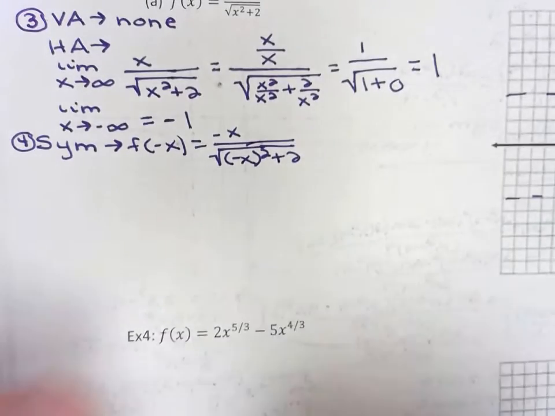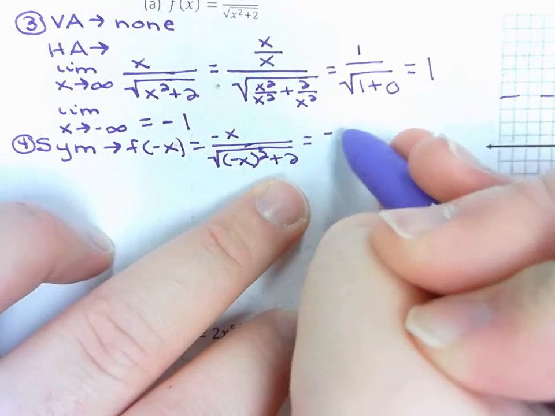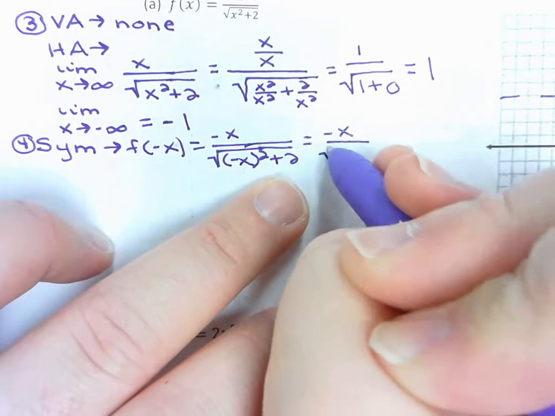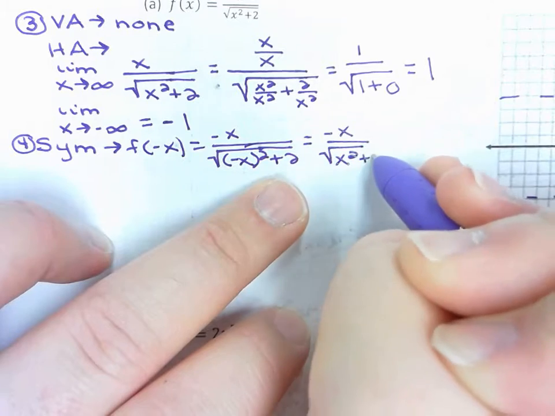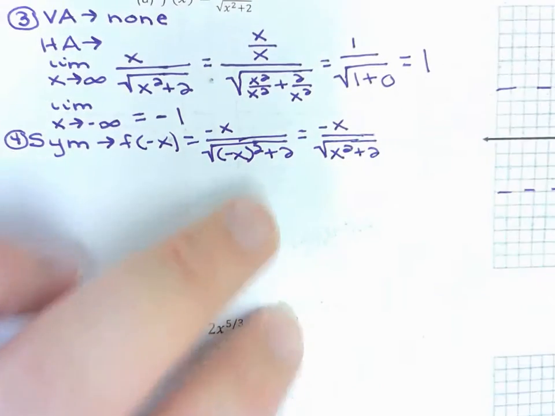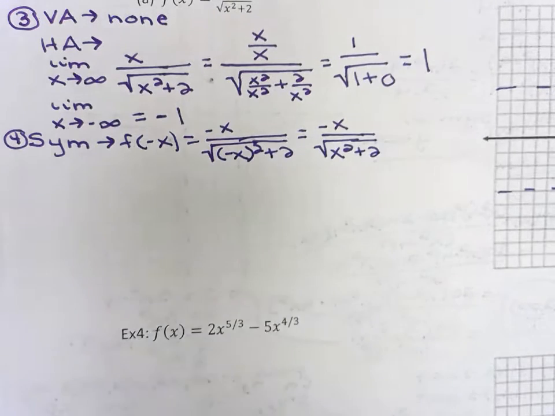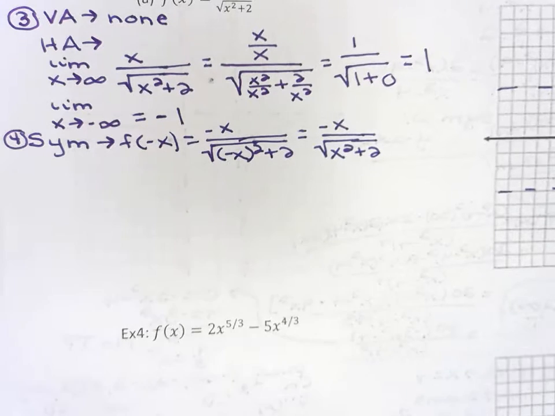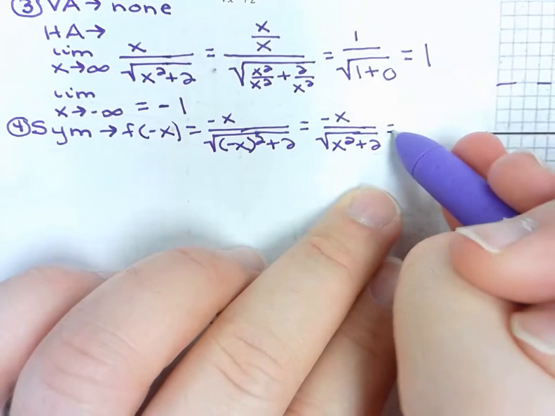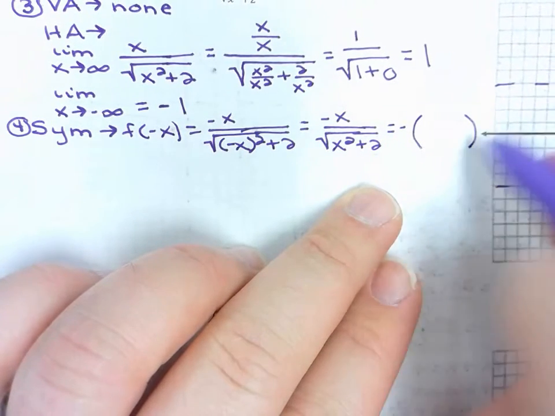So if I look at this and simplify this, I have a negative x over square root of x squared plus 2. If I plug in a negative x, do I get back the original? No. If I factor out a negative 1, do I get back the original? So if I put a negative out front, do I get back the original?